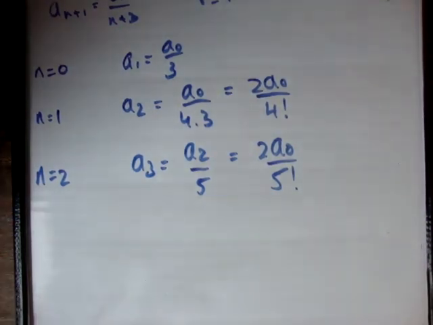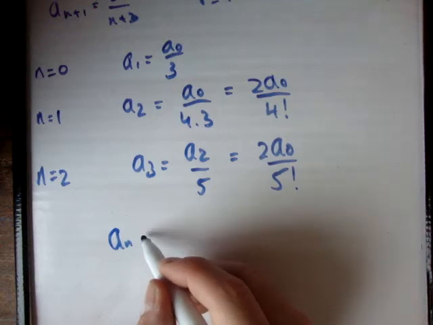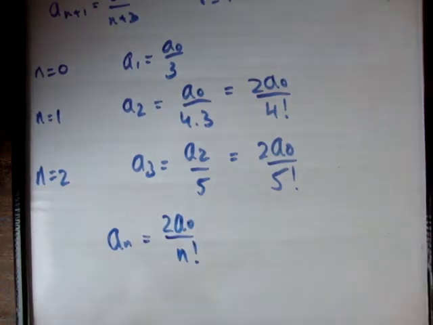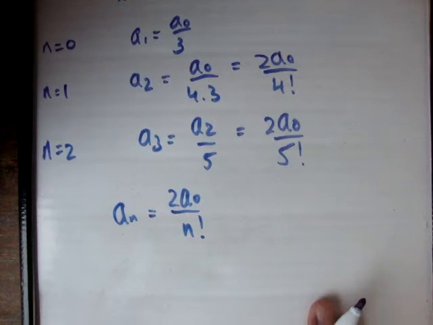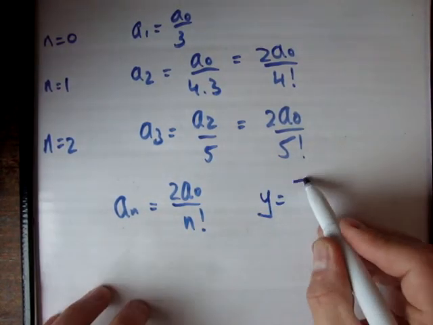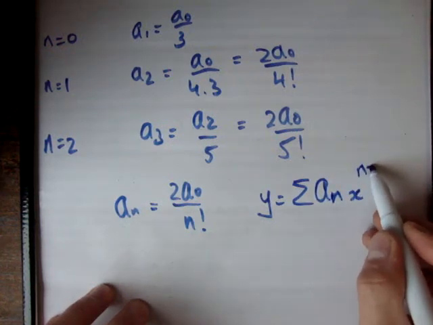So it's now time to start looking for a general answer, and we're going to find that a_n is equal to 2 times a0 over n plus 2 factorial. So when you do your power series, we know of course that y is equal to the sum of a_n x to the n plus r.